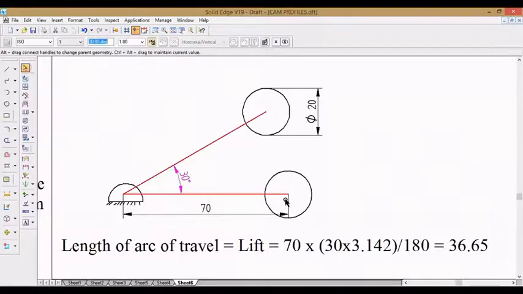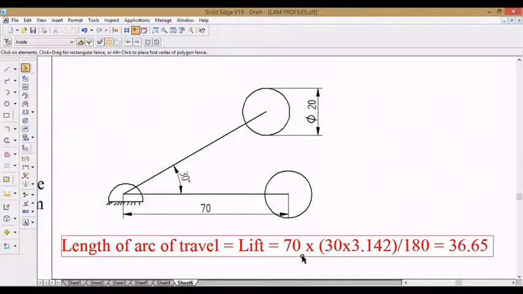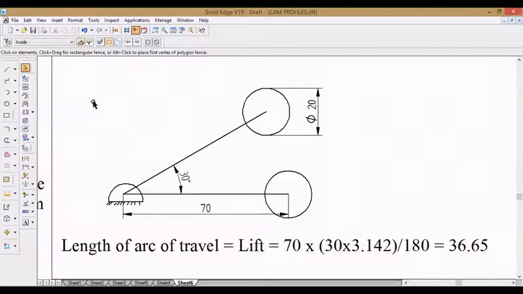See, when the cam rotates during rise, this oscillating follower can go till 30 degree up. So angular displacement is given, the linear displacement is not given. So we want this displacement, the lift, for the diagram.